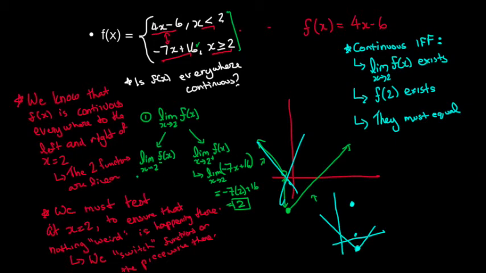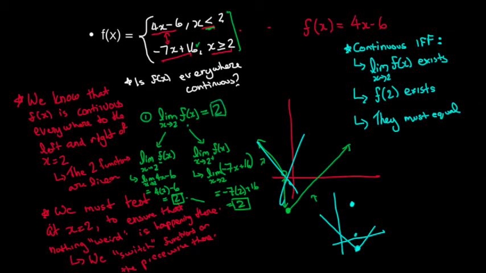Okay, now let's try this one from the left. So to the left would just be this one because it's less than 2. So this would be the limit as x approaches 2 of 4x minus 6, which is 4 times 2 minus 6, which is basically going to be 2. Now since the two of these equal each other, we can just say that the limit is 2.